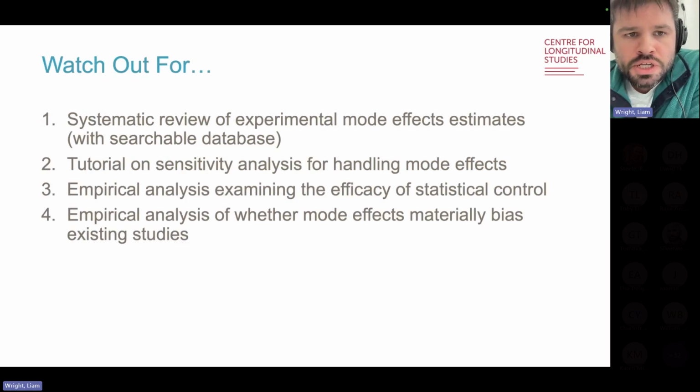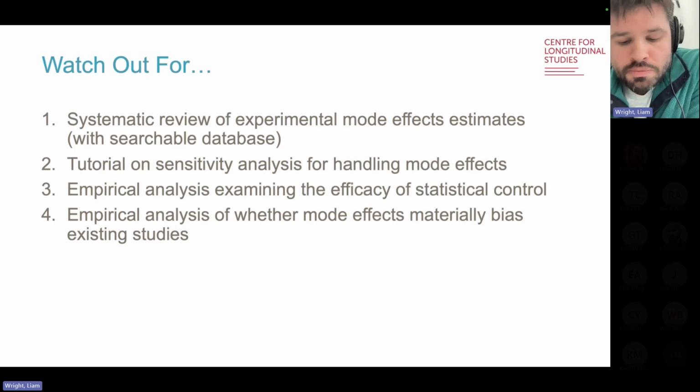I just want to finish before the Q&A with a few more points. So Richard, Georgia and I currently work on a Survey Futures ESRC project looking at mode effects in practice. This discussion today has been quite hypothetical. So what we're trying to do is make mode effects problems a bit more grounded in empirical evidence.